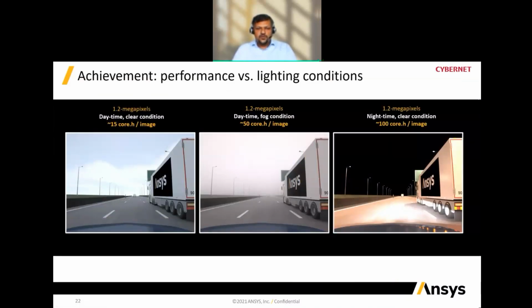So to give some more idea how we can run these simulations again on the day, on the fog and the night condition. So this is a simulation output where we can position the vehicle or the traffic at different locations, or get different signboards, traffic poles, or a pedestrian, and see what kind of vision we are going to get.